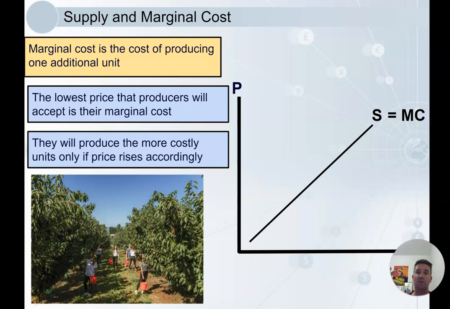Only once the price rises is it even worth your while to get the more expensive to pick higher fruit, right? You might have to bring in more equipment, be it ladders or machinery, to get that higher fruit. So you're only willing and able to produce that if the price goes up. So that's why we've got that upward sloping supply curve.